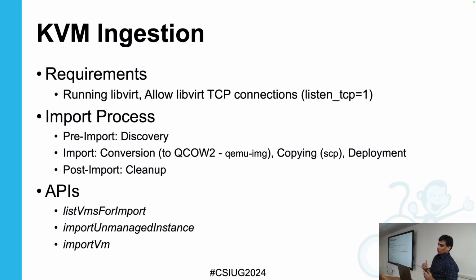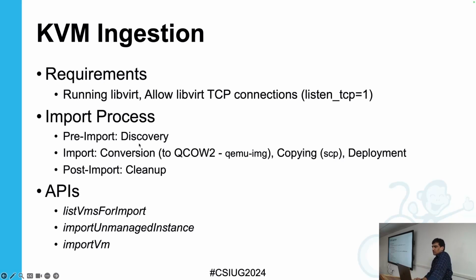The requirements for the external host are that it should run libvirt, and listen_tcp should be enabled, so that the CloudStack KVM agent can connect to the external host. The import process is similar to the VMware migration. It is done in 3 phases.